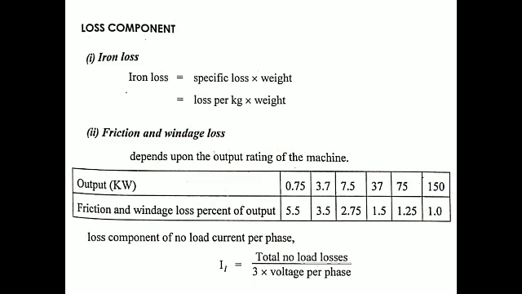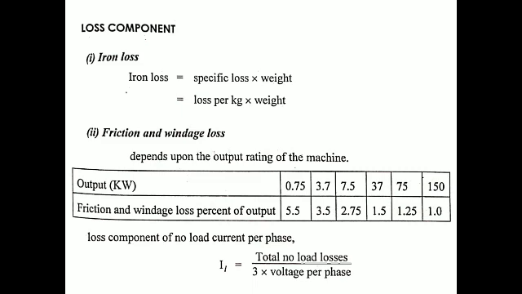Then the next one is the mechanical losses. For that, the friction and windage depend on the maintenance as well as the design aspect, so it will relate with constants. The friction and windage losses as a percentage of the output rating are defined by this table.